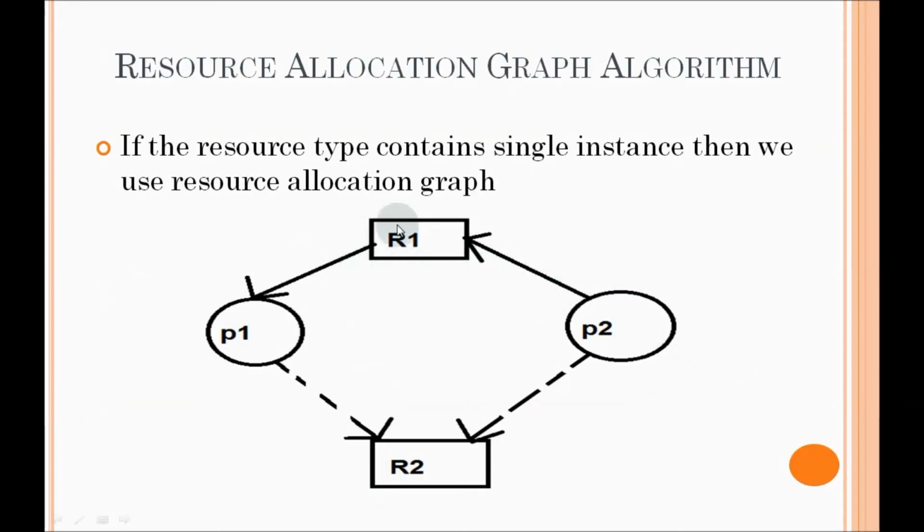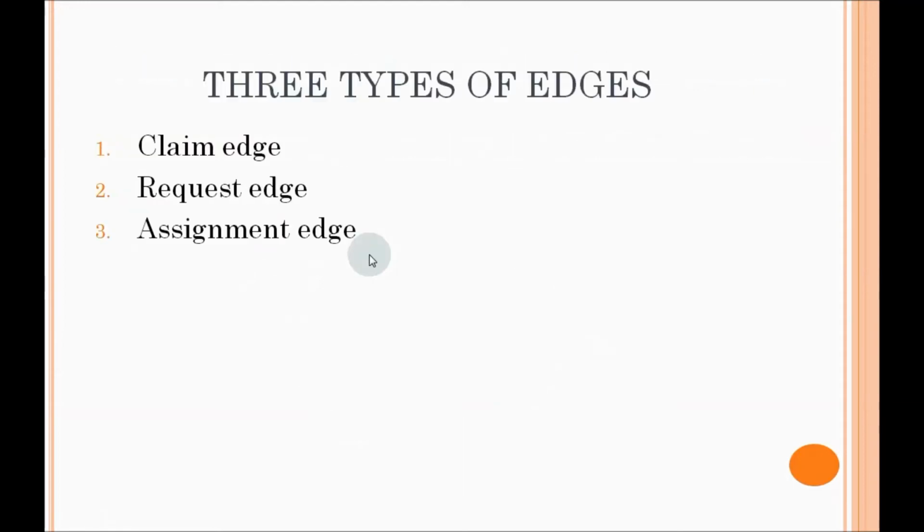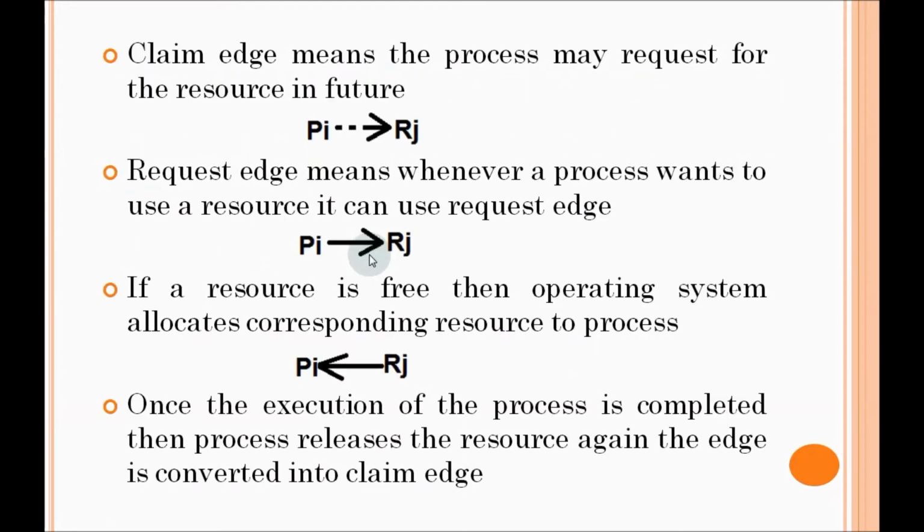When a resource R1 is freed, this assignment edge is converted again into a claim edge only. Getting, guys? Understood? If you have any doubts, please post your doubts in the comment section. Next, now you know the 3 different types of edges we use in the resource allocation graph algorithm.